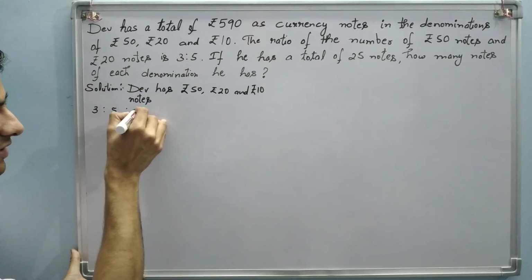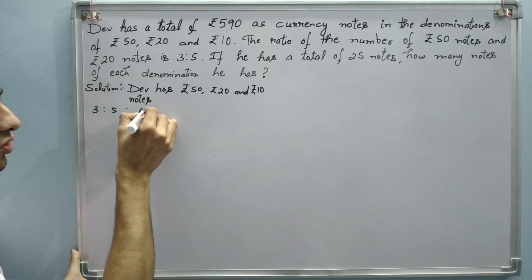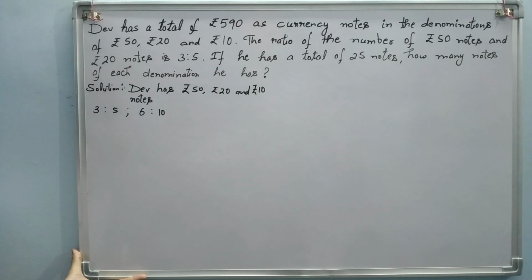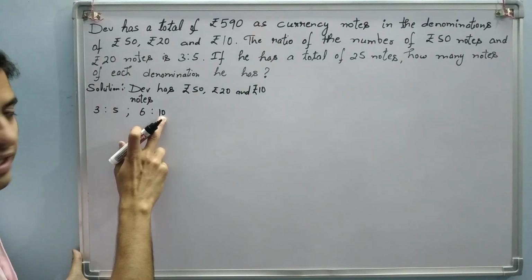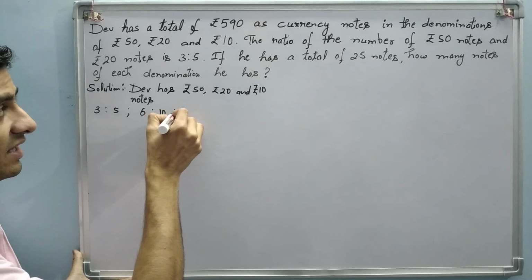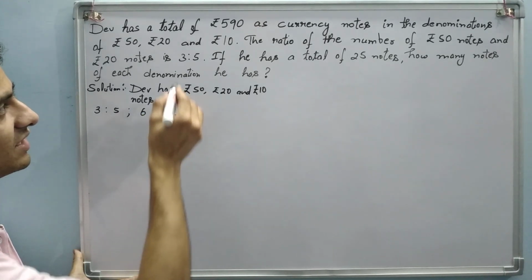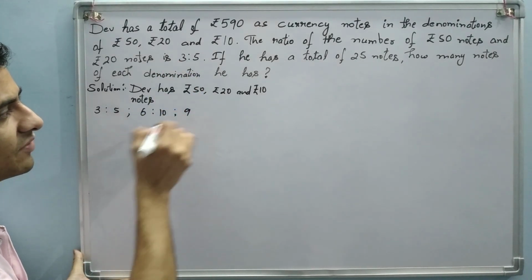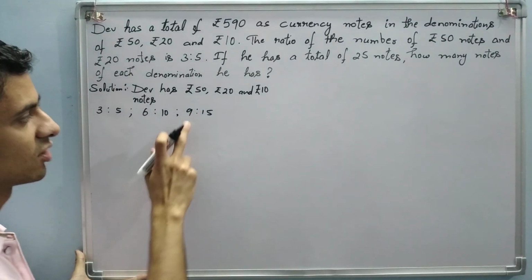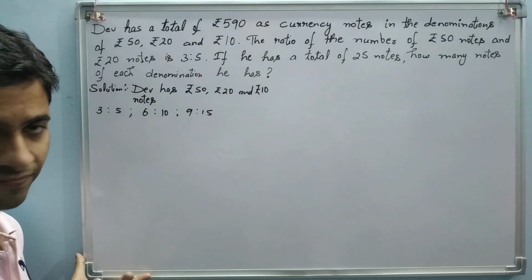If I say they have 6 50 rupee notes and 10 20 rupee notes, what is the ratio? 6 is to 10, and if you reduce it, the ratio comes out to be 3:5. If I say he is having 9 50 rupee notes and 15 20 rupee notes, then also the ratio is coming to be 3:5.